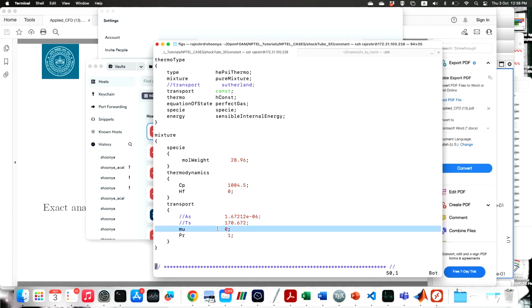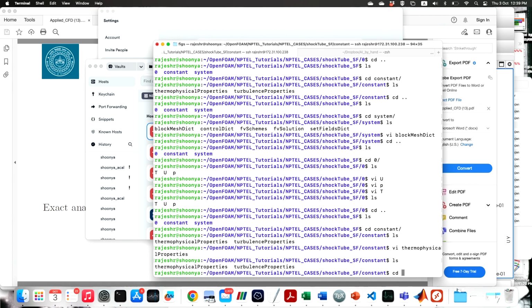So, it is an inviscid flow. So, I am putting mu equal to 0 and transport equal to constant, that is why. Here also I am using sensible internal energy, and the mixture is air, and Cp is around 1005, but anyway H is constant here. So, all other things are done.